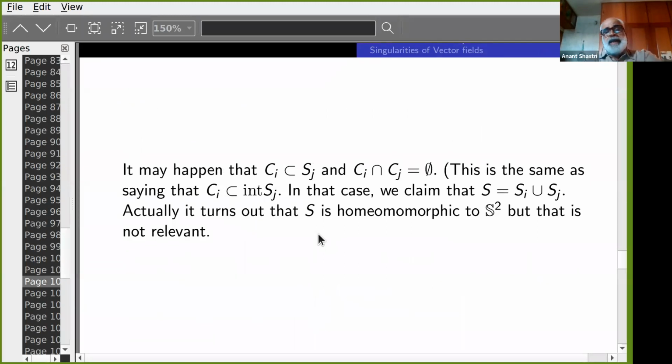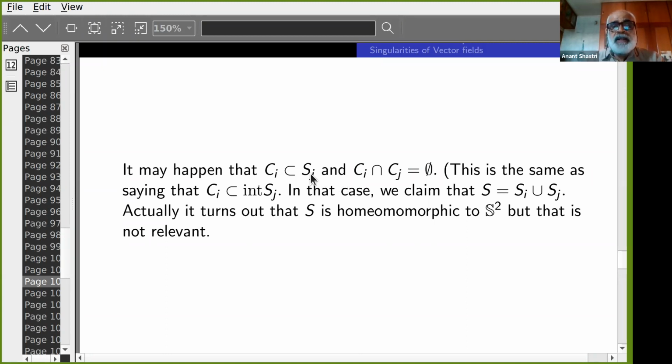Now, let me take a very special case which you cannot avoid. Namely, it may happen that one of the curves Ci is contained in one of the patches Sj. I and J are obviously different. Ci is the boundary of Si, so it won't be contained inside Si, but it may be contained in Sj.